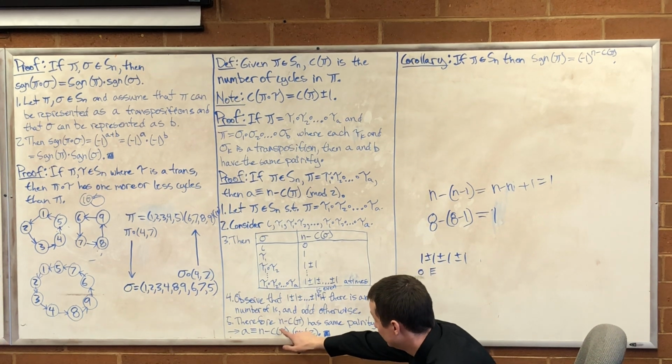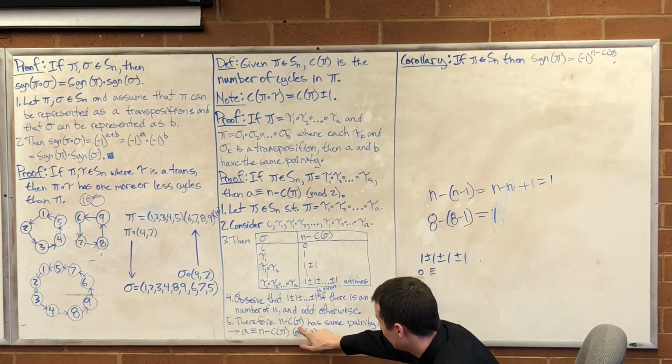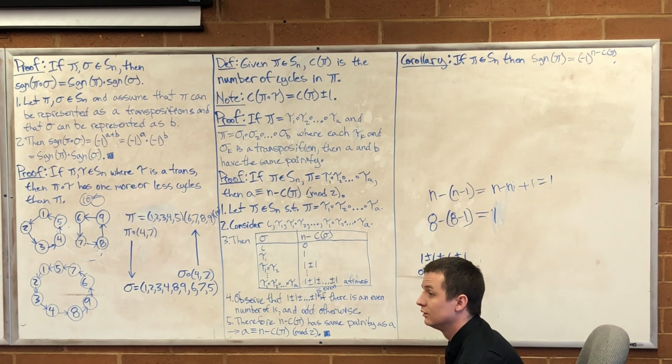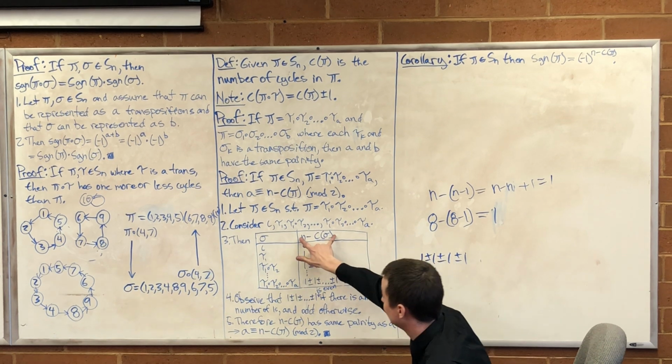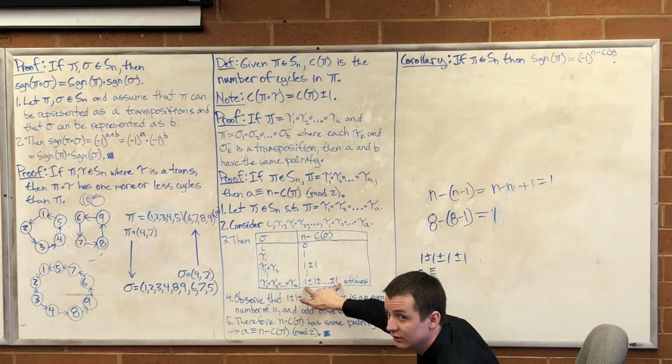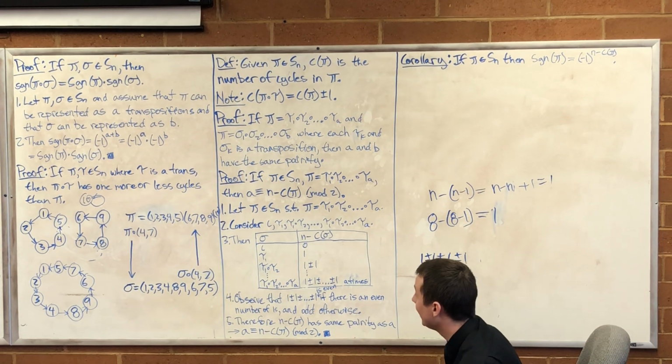Therefore, n minus the number of cycles has the same parity as a. Okay. Because this is even if a is even and odd if a is odd. So this sum has the same parity as a, or in other words, this has the same parity as a.